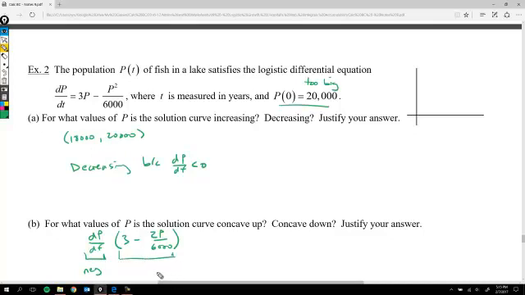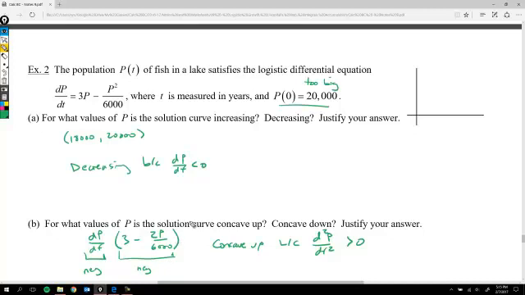If I plug any number in for p that's in my given range, it's also going to be negative, which means that my second derivative is always going to have a negative times a negative, which means my second derivative is always going to be positive, because my first derivative is always negative.